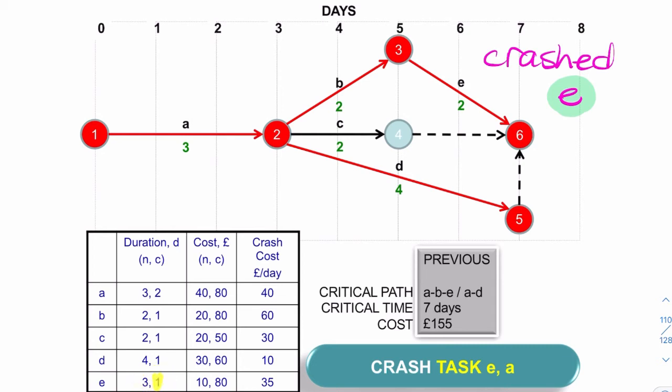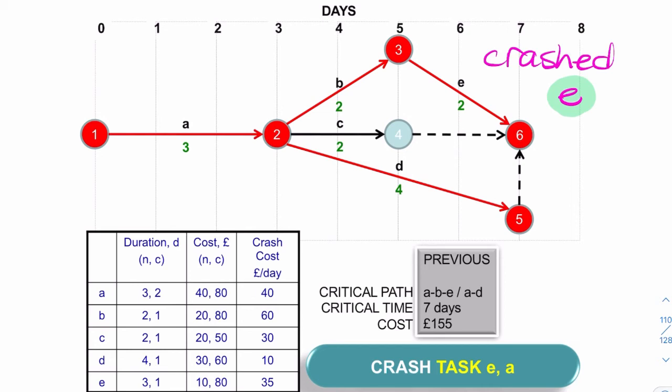It's possible to crash it further to 1 day, but we've chosen for this first step to crash it by 1 day. Crashing it a further day might not help.